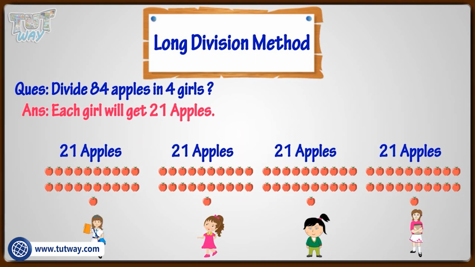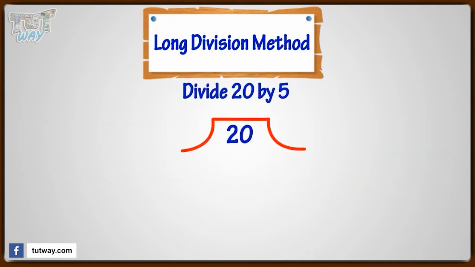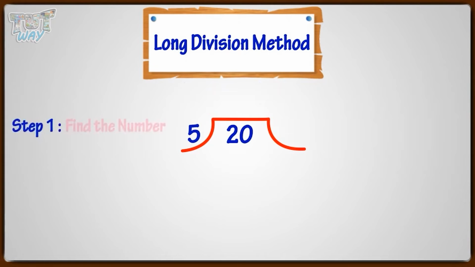Good! So kids, let's take more examples for practice. We have to divide 20 by 5. First step is find the number. That is, find how many times the divisor can go into the first digit of dividend.